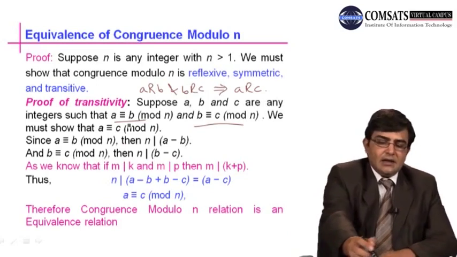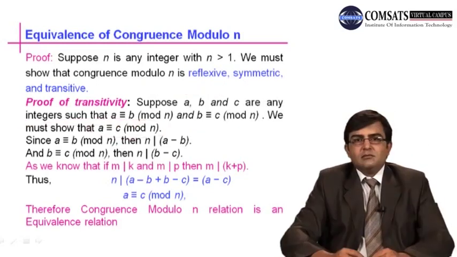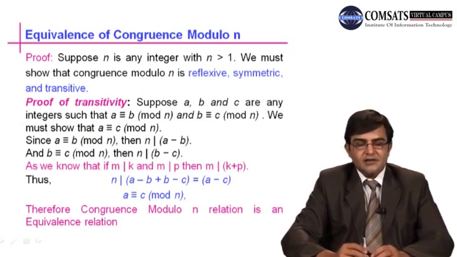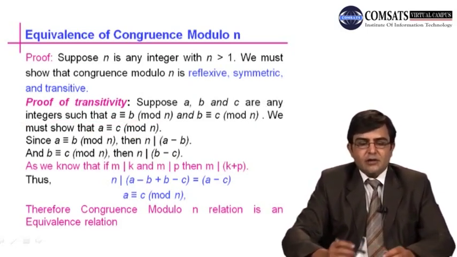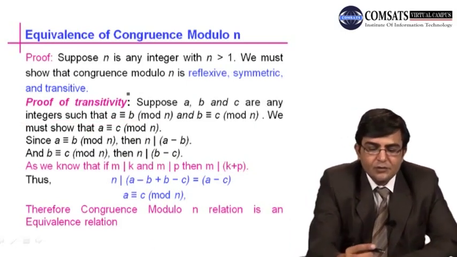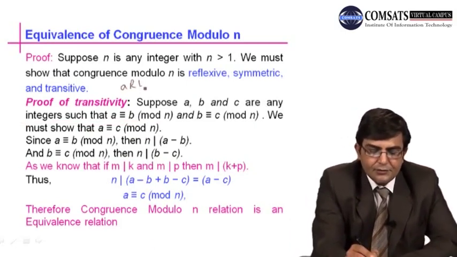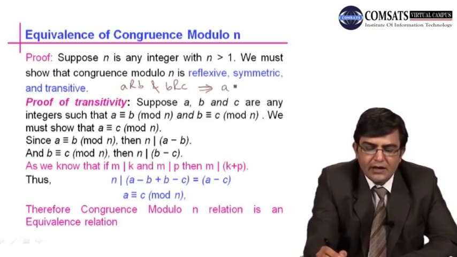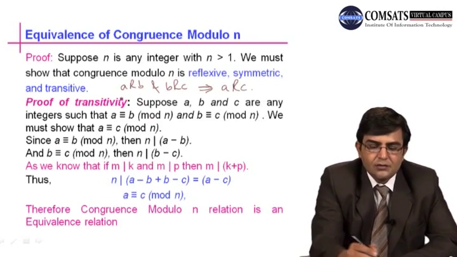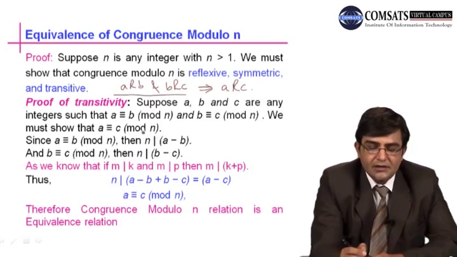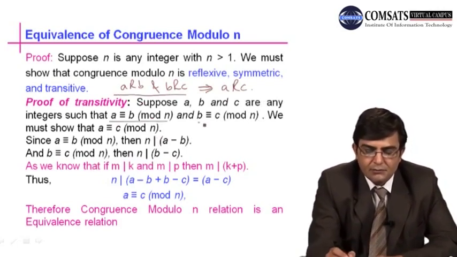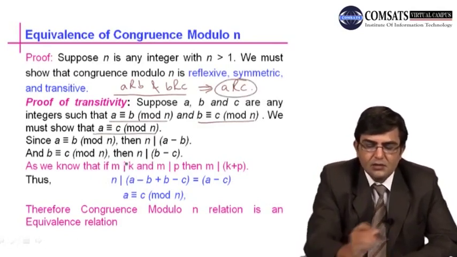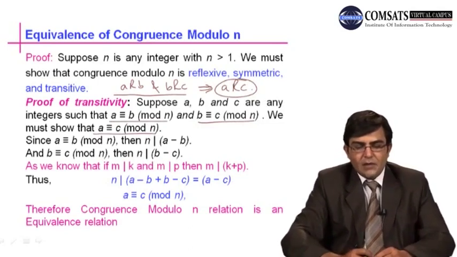To prove it transitive, we suppose that a is related to b and b is related to c, then we have to prove a is related to c. So if we suppose this, what does it mean? It means a is congruent to b mod n, b is congruent to c mod n, and we have to prove this, which is a is congruent to c mod n.